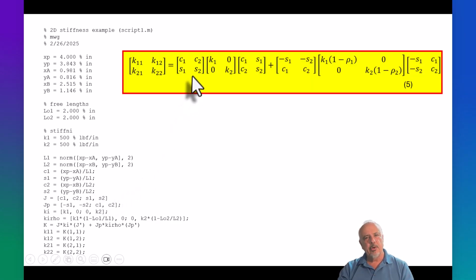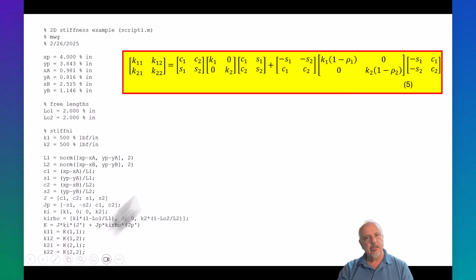And then remember that my K matrix from equation 5, I dealt with these transposed matrices. This matrix I called J, and this matrix I called JP or J prime. And there's my KI right here, and here's my KI row right here.